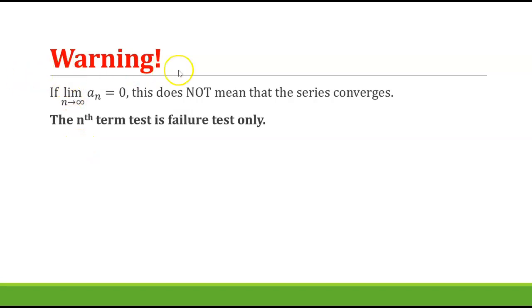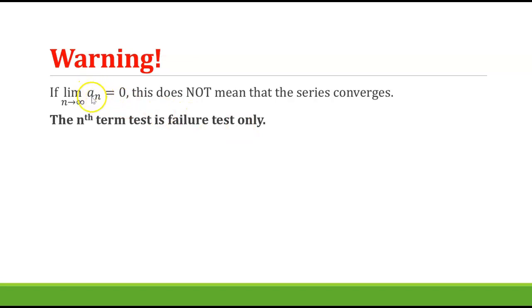Now here is a major warning. If the limit as n approaches infinity of the general term a sub n does happen to equal 0, that really doesn't tell us anything. This does not mean that the series converges. It just means that the series has a chance to converge. So the nth term test is what we call a failure test only.